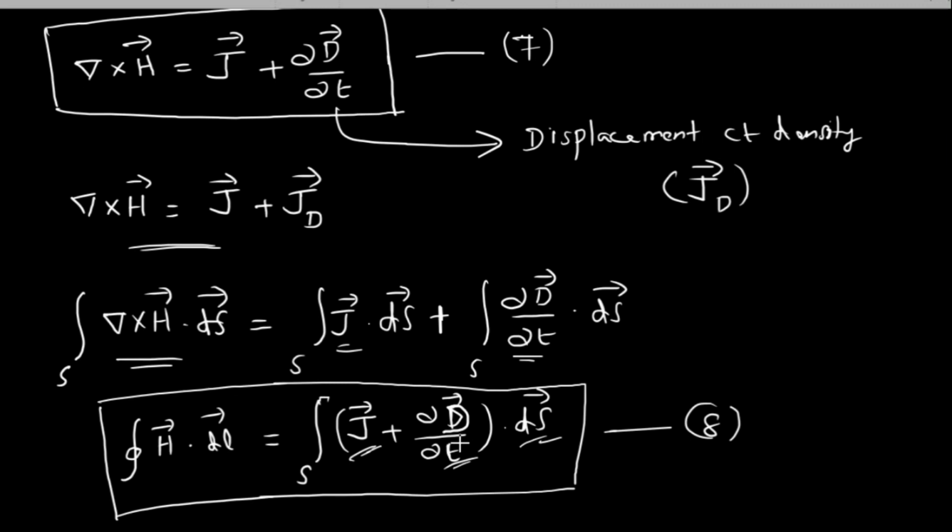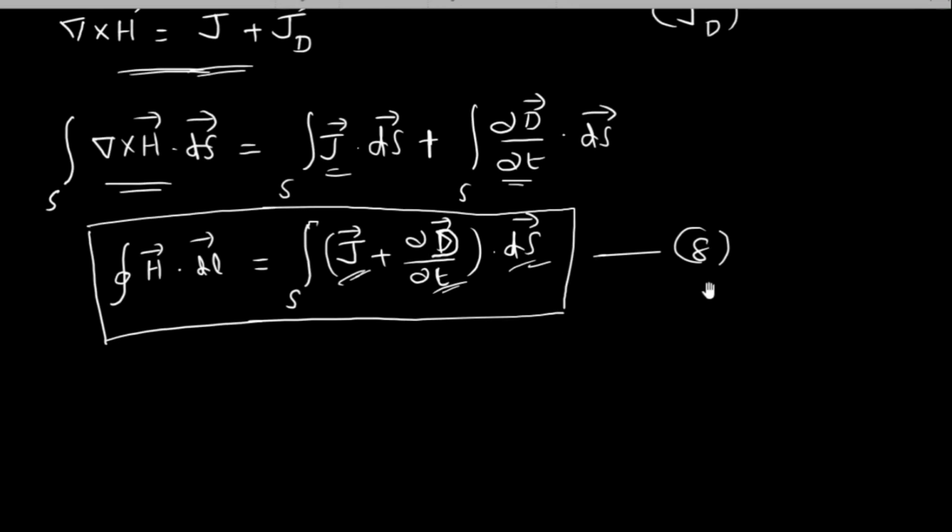Now this equation can be further modified. This form is better to remember, but still we know that surface integral J dot ds is nothing but current, because J is measured for a given area.